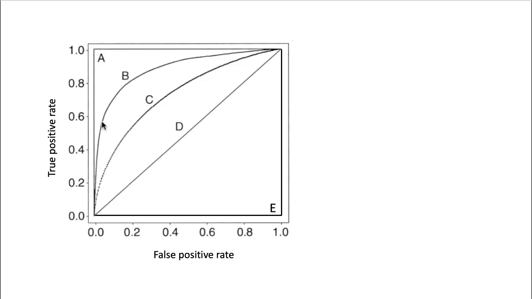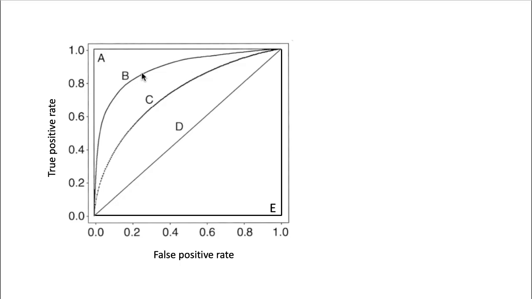Then true positives are still rising at a good rate, but you're incurring some false positives. When the curve goes to the right, that means the false positive rate is increasing. So at the cost of increasing the false positive a little bit, you're still able to find quite a few true positives.